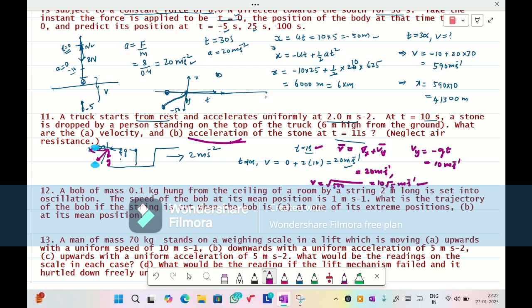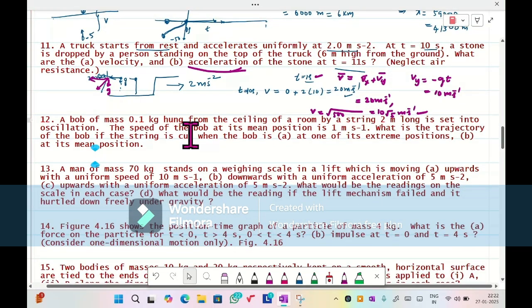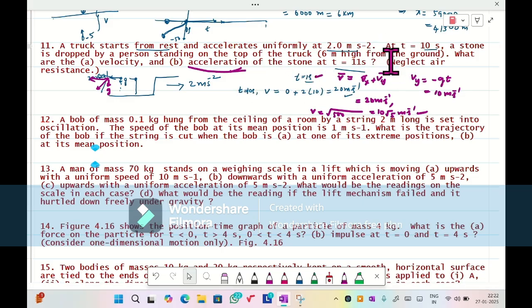So I hope you understand this question. There are a lot of concepts here. The truck is moving with constant acceleration, and one more point: time is given, means the instant of time you have to take. At 10 seconds, what is the speed of the truck?